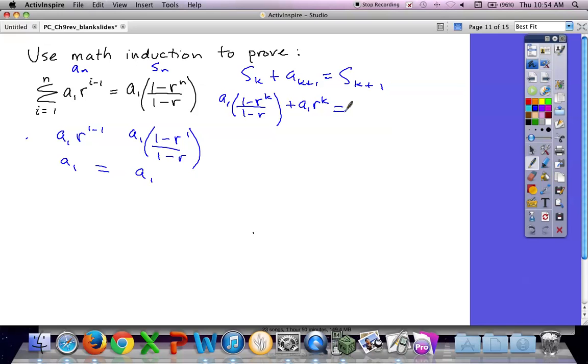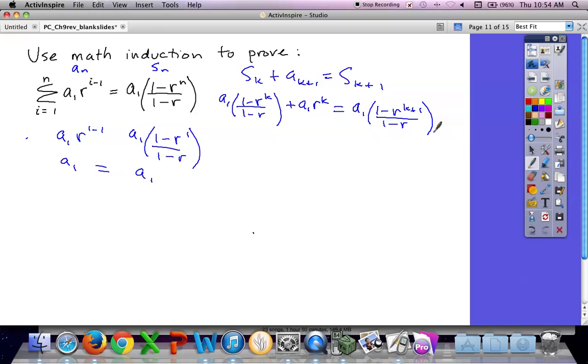And then how do I get the S k plus 1? This is the Sn. Plug in for n, k plus 1. It only shows up in one place, right? It's right there. A1 times 1 minus r to the k plus 1 over 1 minus r.